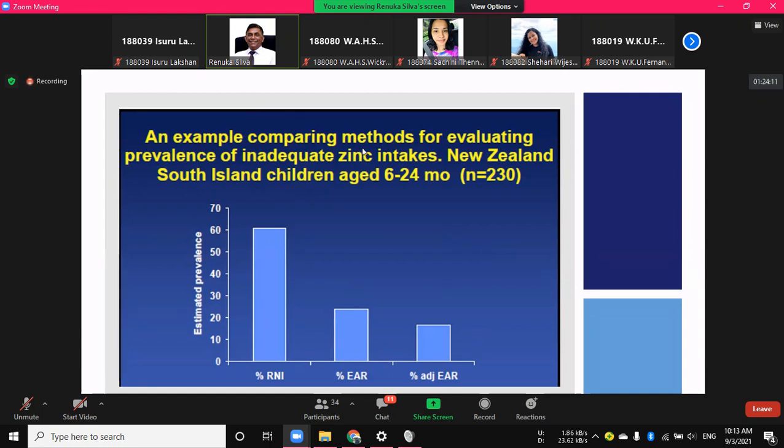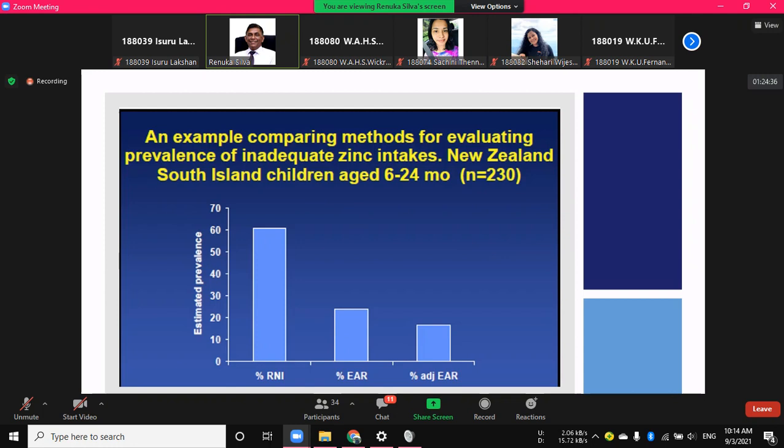This is an example comparing the methods for evaluating the prevalence of inadequate zinc intake, New Zealand. New Zealand is not one country; it has so many islands, and this is a study done in a particular island.